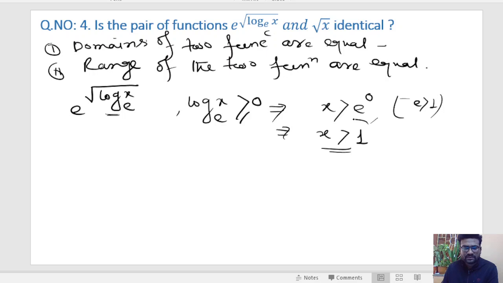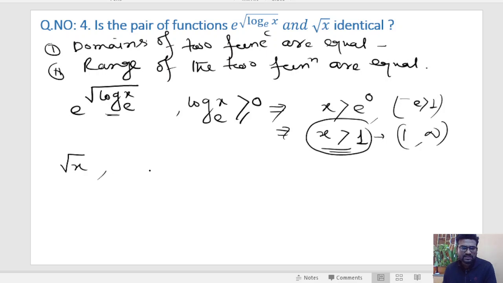This is the domain of the function, and we can write it in interval form as 1 to infinity. And another function root x, what is the domain of this? So we can write x greater than or equal to 0. The domain of this function is 0 to infinity.